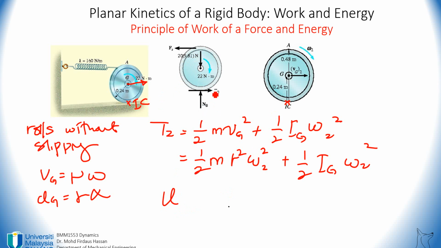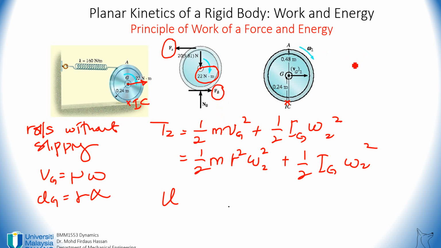But we have what? The work done by Fs, by the moment. And how about the F_B?